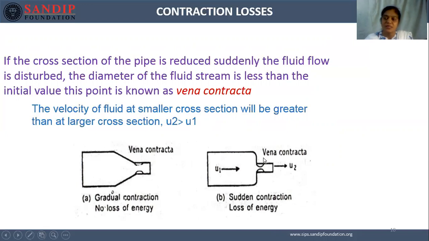We already discussed that the point of minimum cross section is known as the vena contracta, and the velocity of fluid at the smaller cross section will be greater than at the larger cross section. So U2 is greater than U1. So that is all about the contraction losses.